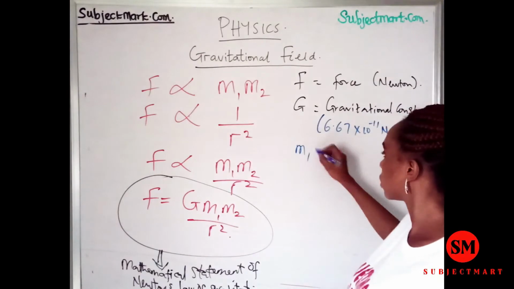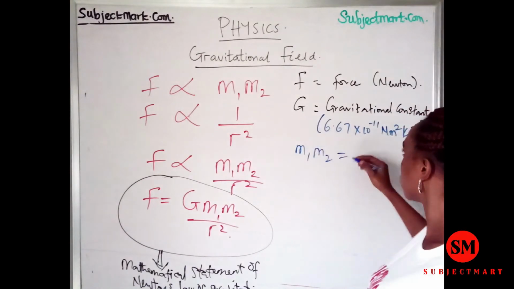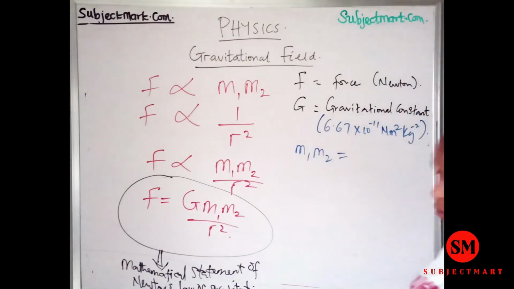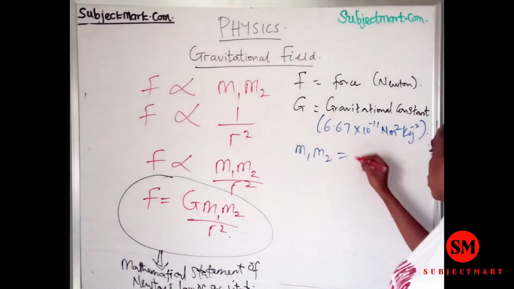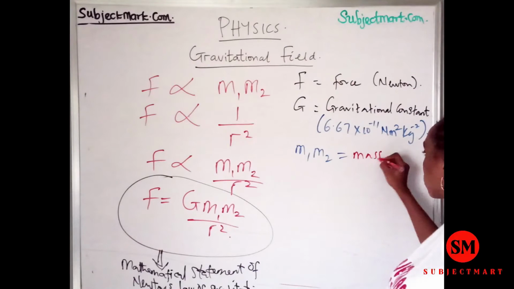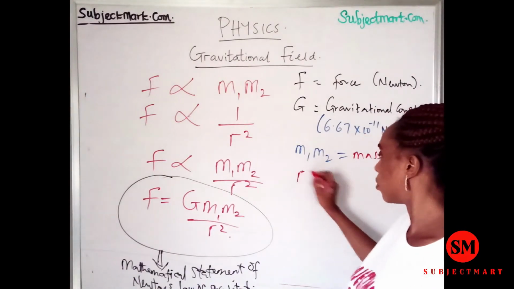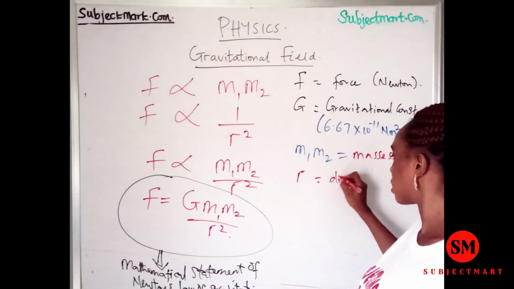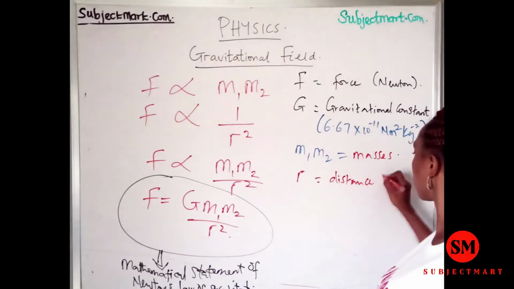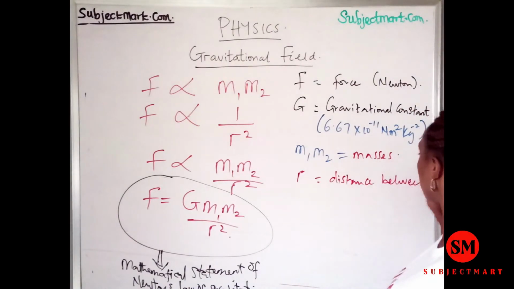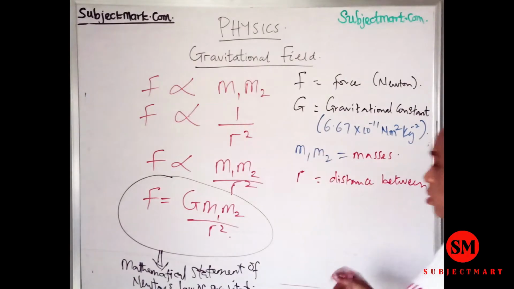Now M1 and M2 are the masses, or two bodies separated by a distance. Then R is the distance between these two masses.